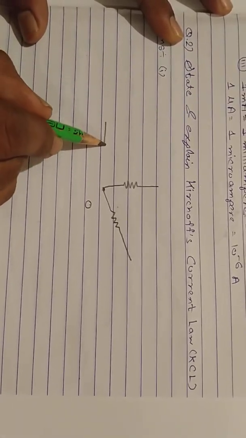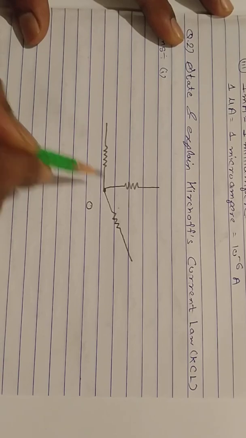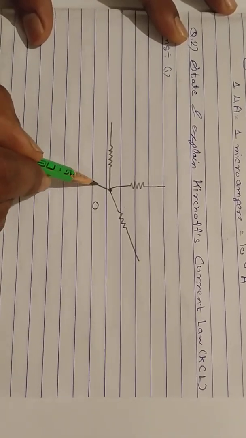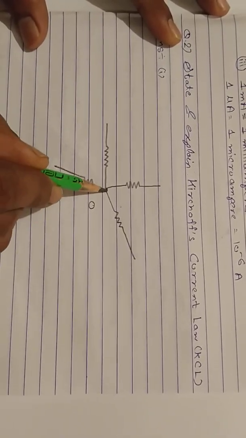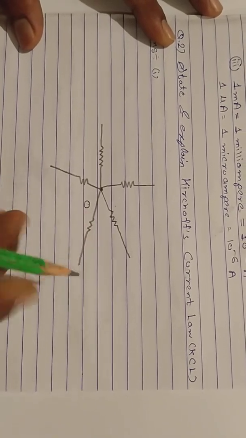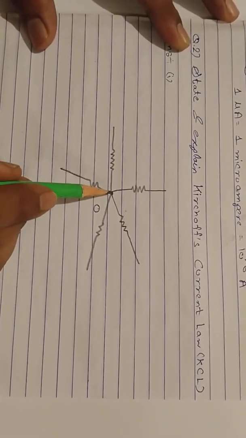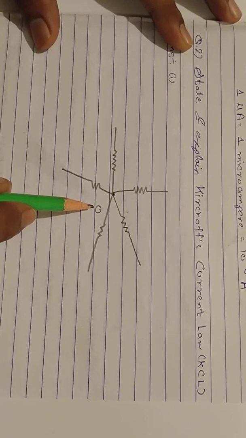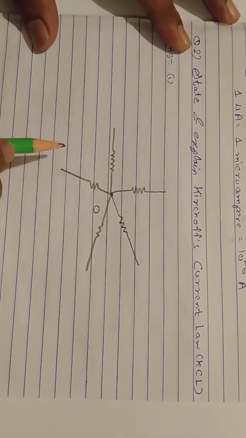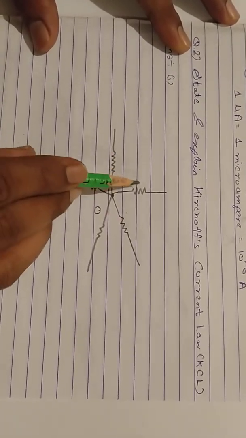There is one more wire I am going to consider. One more wire. One more. Consider a junction named O connected to 5 wires. Wire number 1, 2, 3, 4, 5.